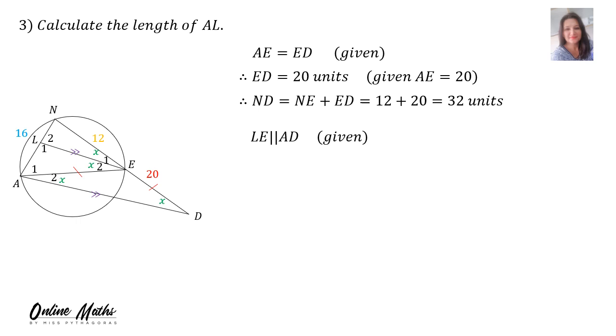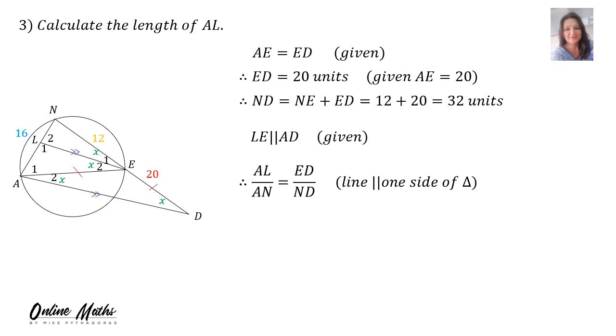Then LE is parallel to AD, that's given. Therefore, we can say AL over AN is equal to the ratio ED over ND.